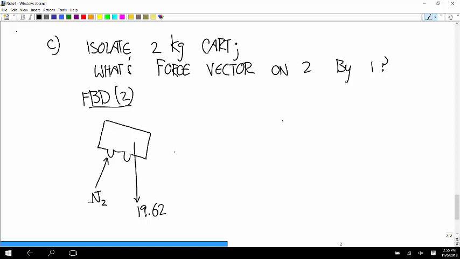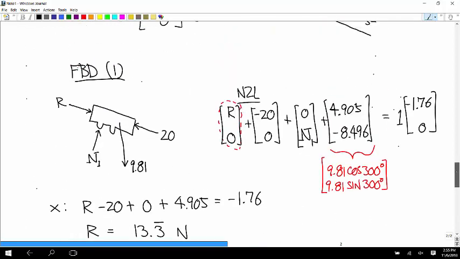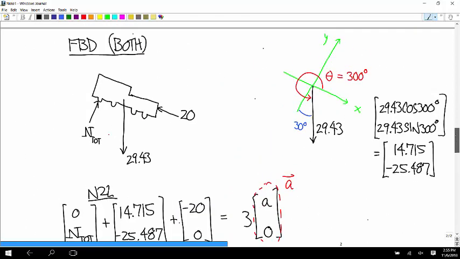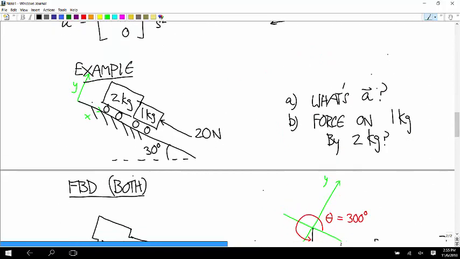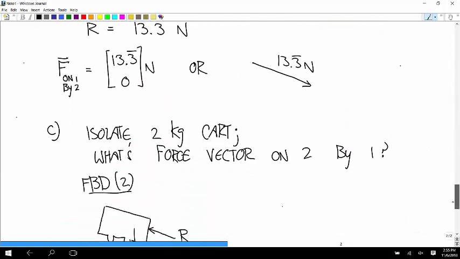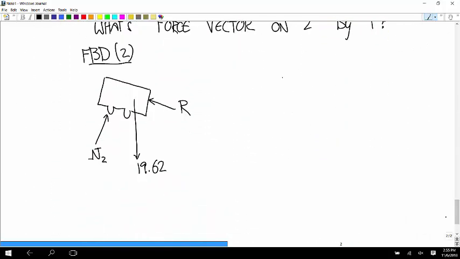That's a pushing contact, so it has to be toward the chosen body. And I'll call that R again. We're going to see that it has the same value when we do the calculation. And if you look at the whole picture again, there are no other forces on this. So this is a complete free body diagram. Anybody have any questions about that?